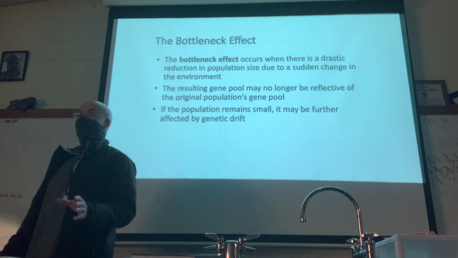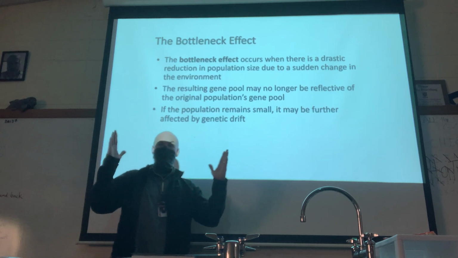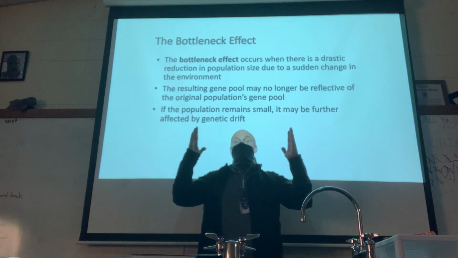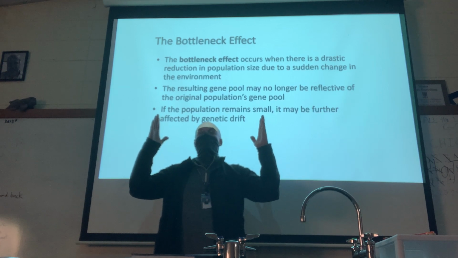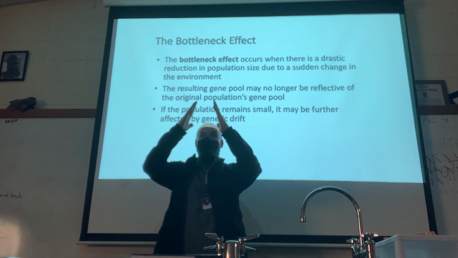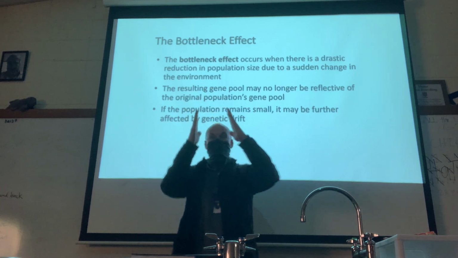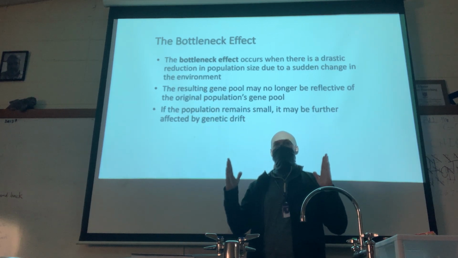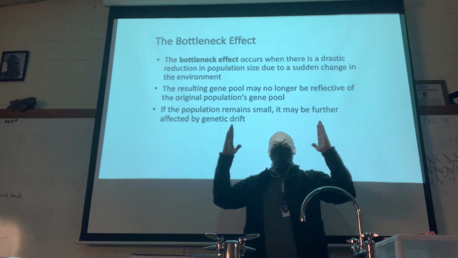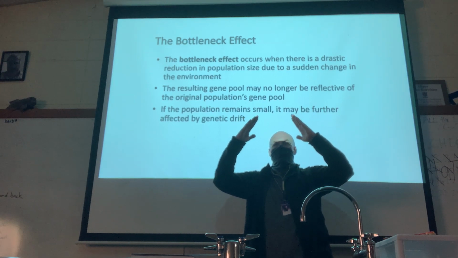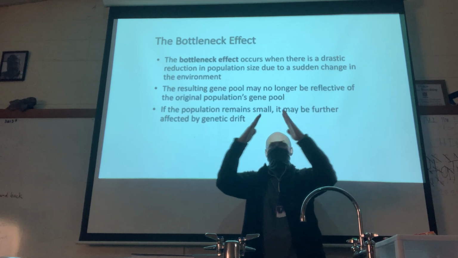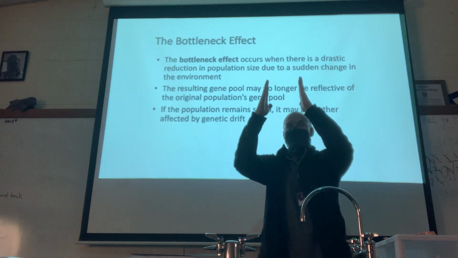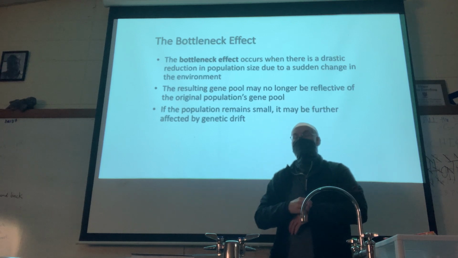And the idea of a bottleneck is you have a population, and something causes that population to be dramatically reduced in size. So if you track the population, it's a wide, large population. A catastrophe occurs, and then it narrows, almost like the neck of a bottle, is what it would look like if you graphed it out as a population chart.